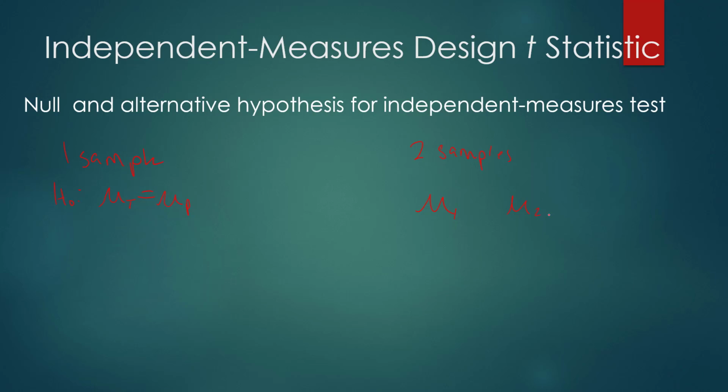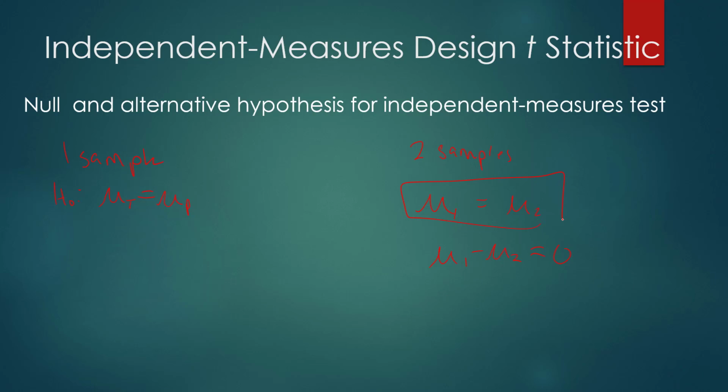Now, we could say we want them to be equal, but to make it look like what we're going to see in the formula, we want to say that the difference between these two is going to be 0. And the difference between these two would be 0 if they were actually the same.